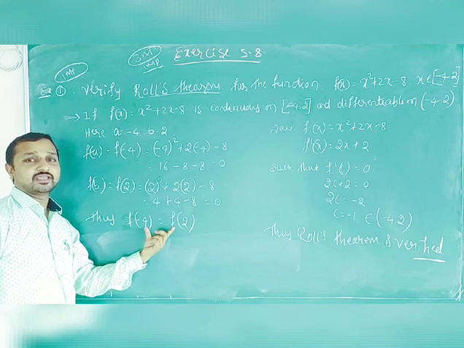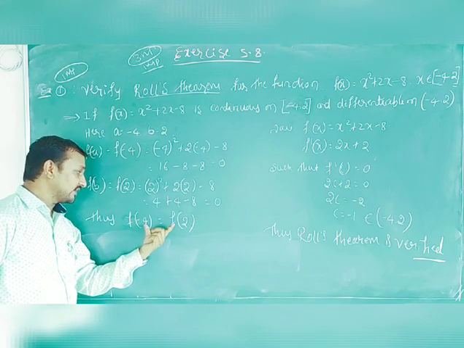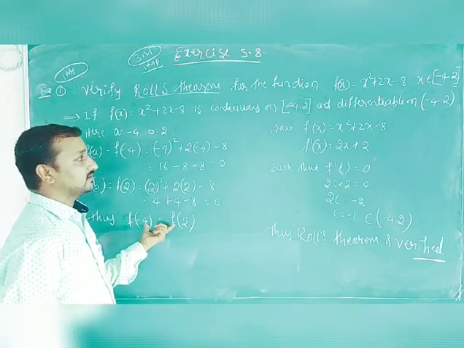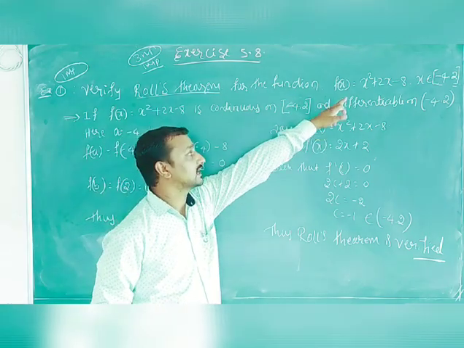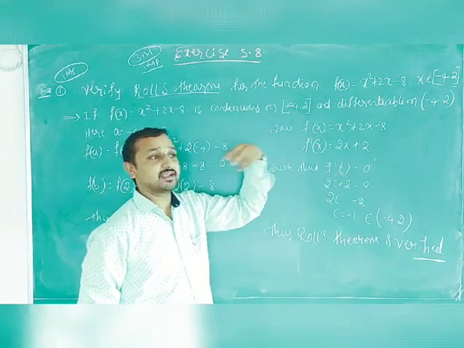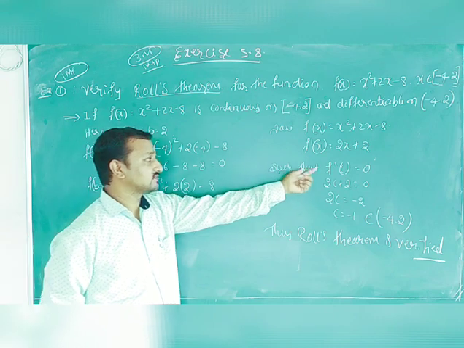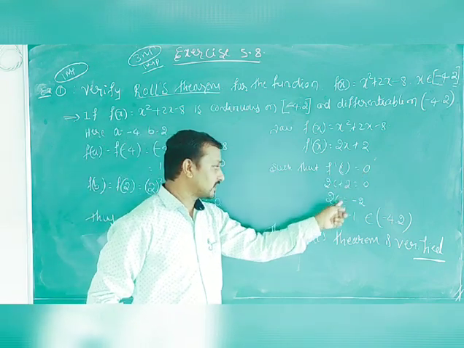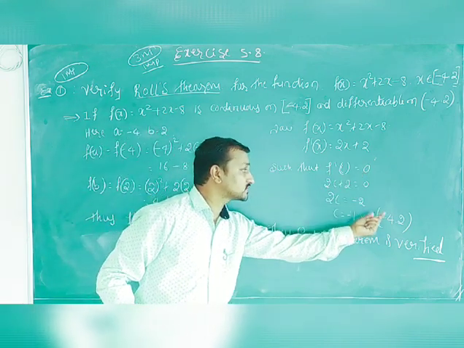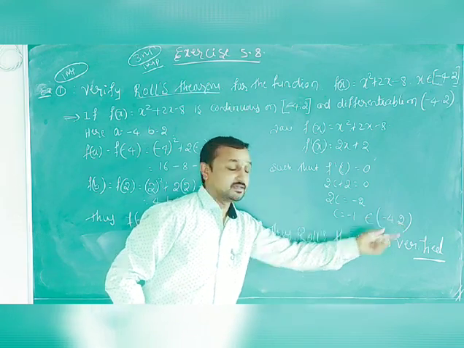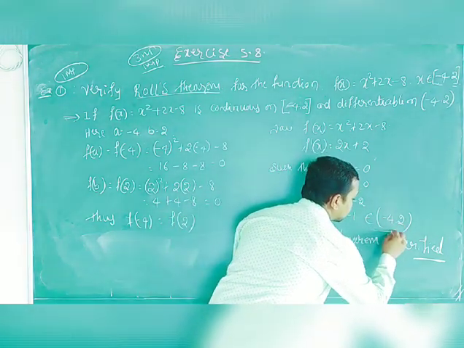Then we compare f(a) equal to f(b). If f(a) equals f(b), then the statement is f'(c) equals 0. Then you can find c for some c belonging to the open interval (a, b). This step should be compulsory.